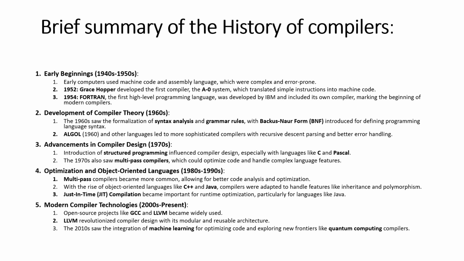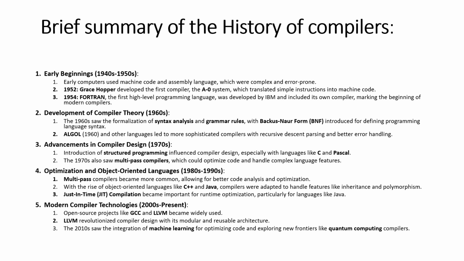Then in 1952, Grace Hopper, a Navy officer, developed the first compiler for the A-0 system, which translated simple instructions into machine code. After that, in 1954, the first high level programming language was developed by IBM, that is Fortran. For Fortran, IBM developed its own compiler, marking the beginning of the modern compiler.